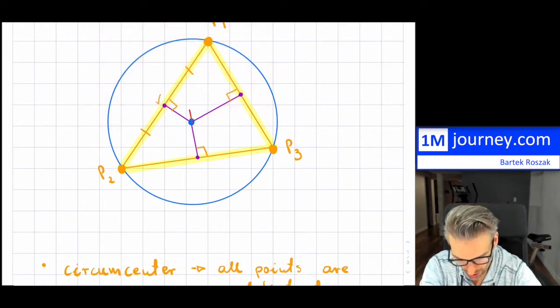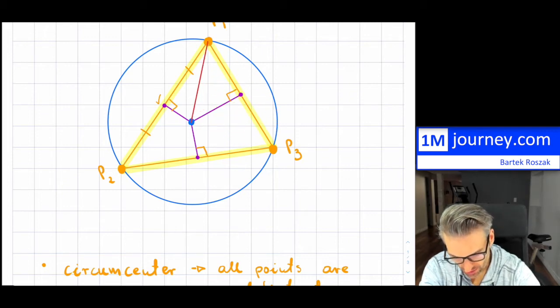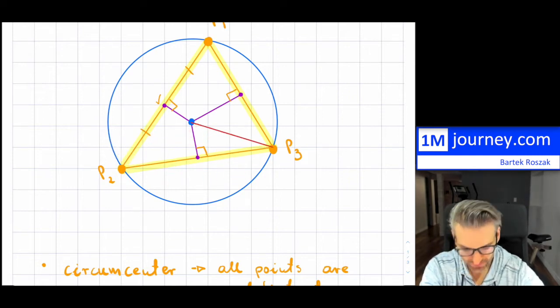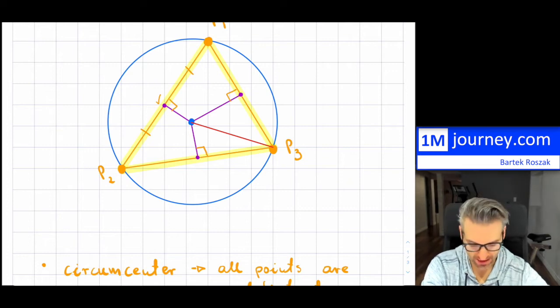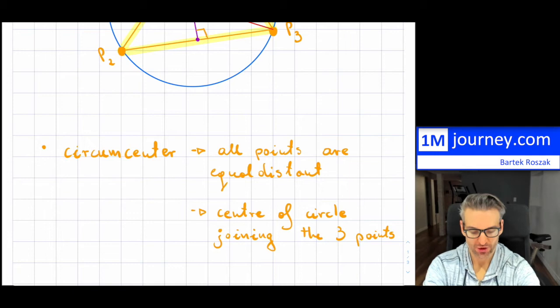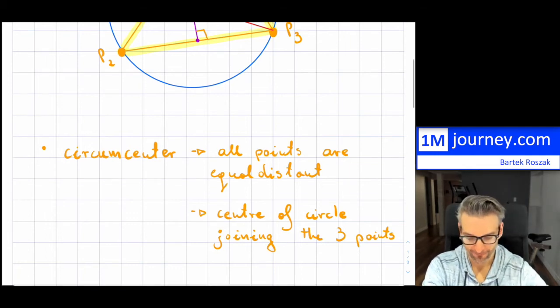If I draw this line and go all the way around here, that is just the radius, equidistant to point 1, point 3, point 2. So the center of the circle joining the 3 points is the circumcenter.